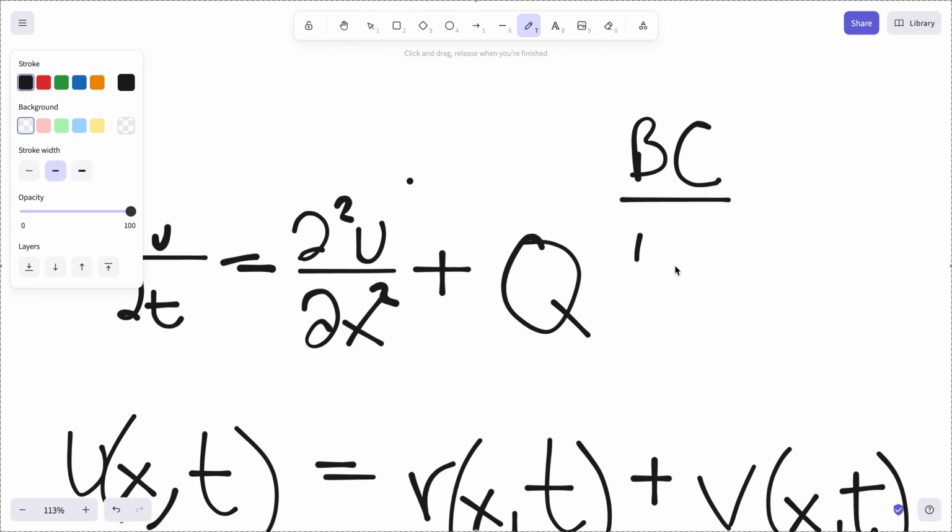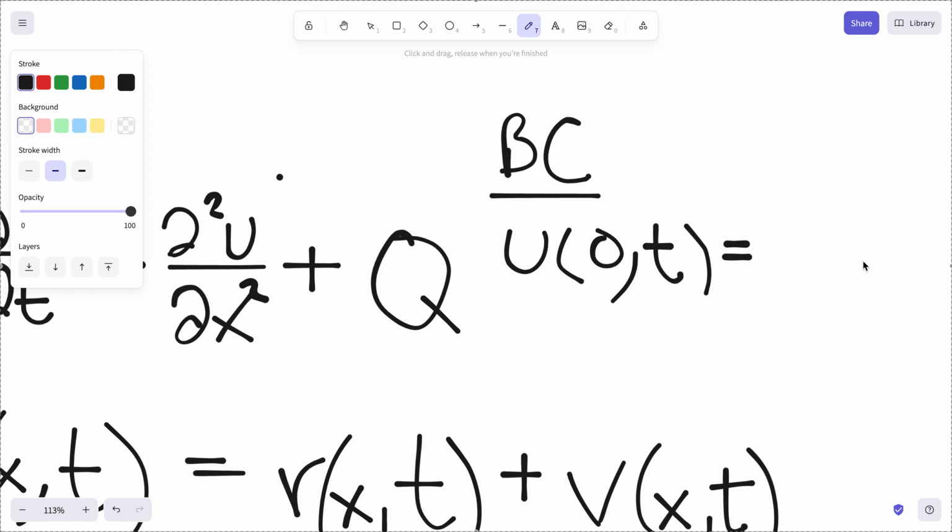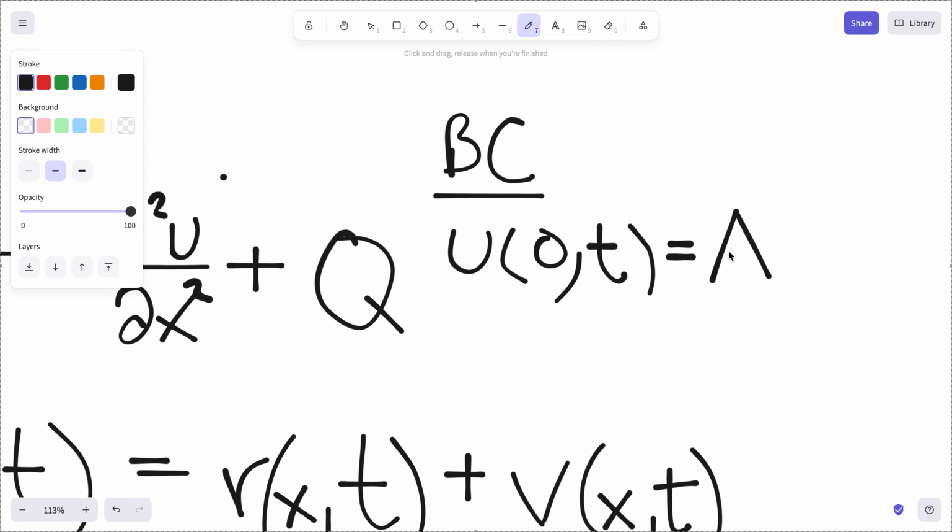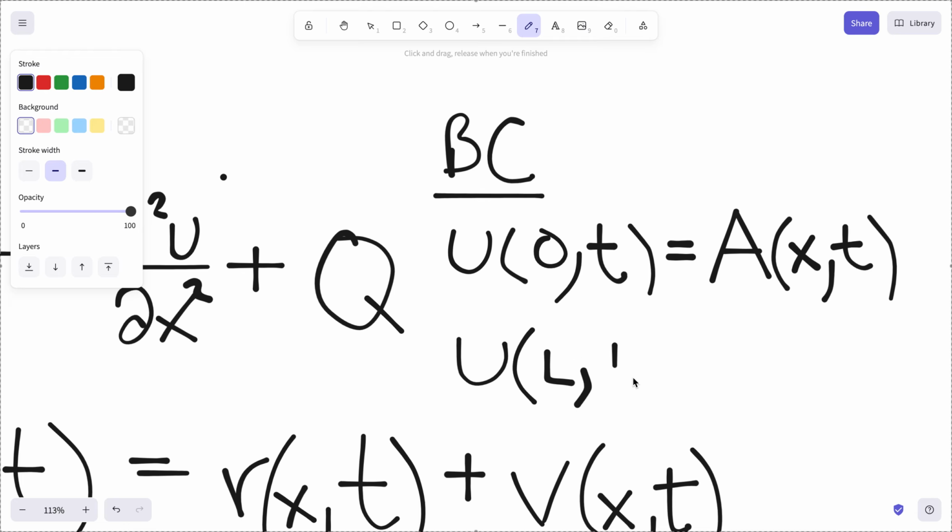So if we have, say, u of 0 comma t equals a of t, some function a of x comma t, and/or if u of L comma t equals b of x comma t.